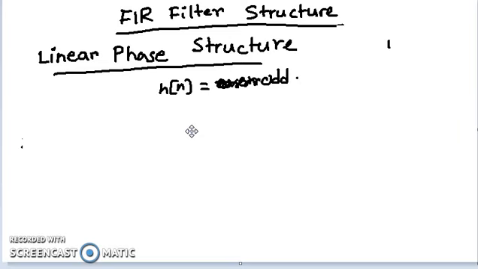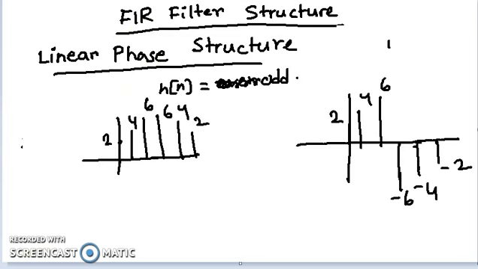I just want to give you the idea about symmetric. What I want to explain is that this is called symmetric, and this type of function is called antisymmetric.